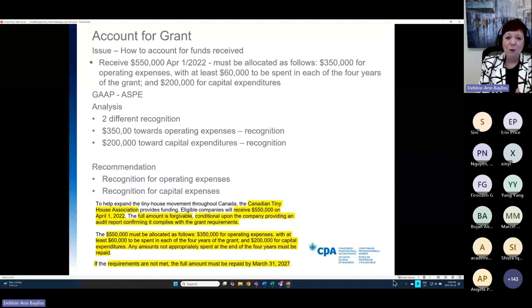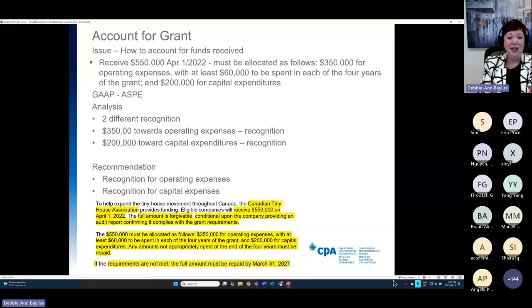So the first thing I'm going to do is the issue. Remember, first I had it as how to account for the funds received and for potential repayment. No, talk about how to account for the funds received. Because even under the analysis now, I need to talk about the recognition of the operating expenses and the recognition of the capital expenditures.